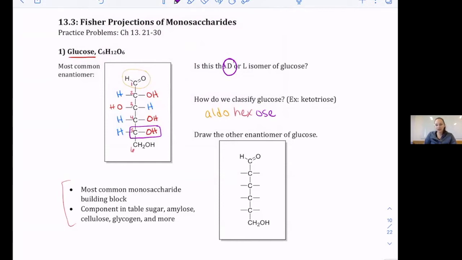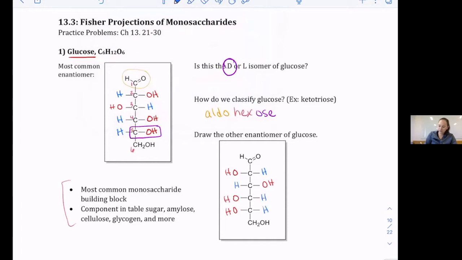And then it says draw the other enantiomer of glucose. So for the other enantiomer, we're going to do the mirror image. So we're going to have OH on the left this time, right, left, left. And then let's fill in our hydrogens opposite to those.